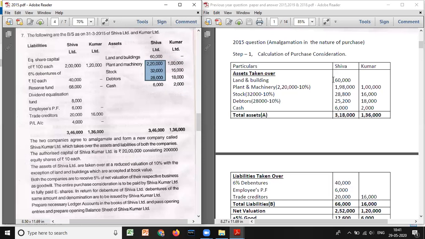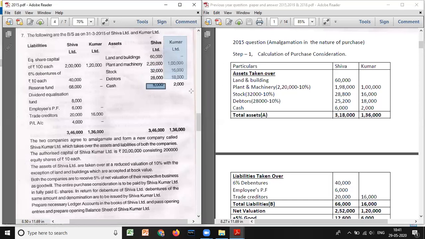For both the companies you need to calculate, because both the companies will be liquidated. Shiva's land and building 60; 2,20,000 minus 10% is 1,98,000; 32,000 minus 10% is 28,800; 28,000 minus 10% is 25,200. And cash as it is, you have to take 6,000.